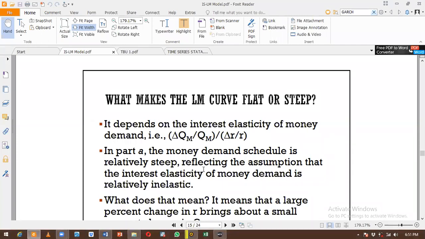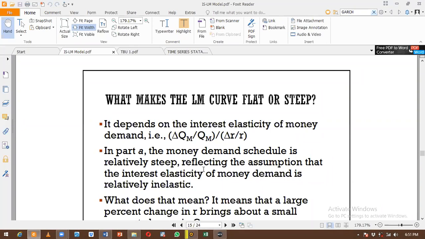So now, assuming there's an increase in income, we know it is going to affect the money demand curve. An increase in income causes an upward shift in the money demand curve, which means there's a disequilibrium in the market. You have to increase the interest rate to discourage people from holding money.